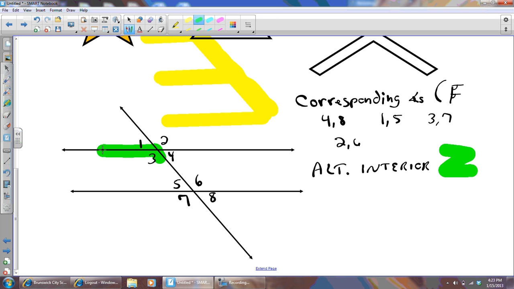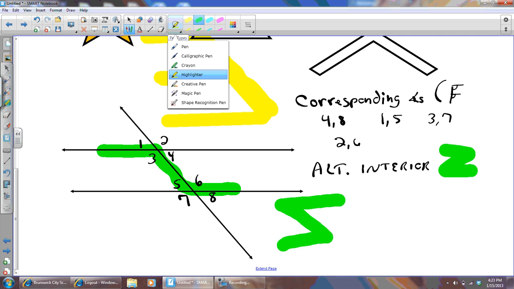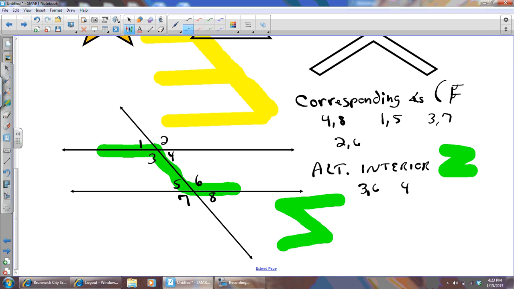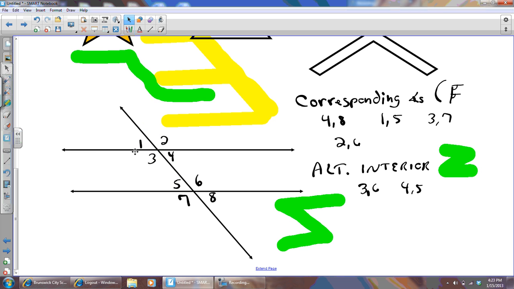So right there, it looks like 3 and 6 are alternate interior. I actually have a backward Z going the other way, kind of like that, right? And that means that 3 and 6, and also 4 and 5, are alternate interior.